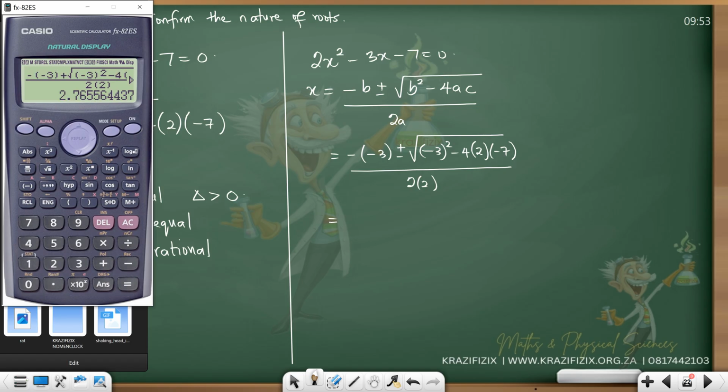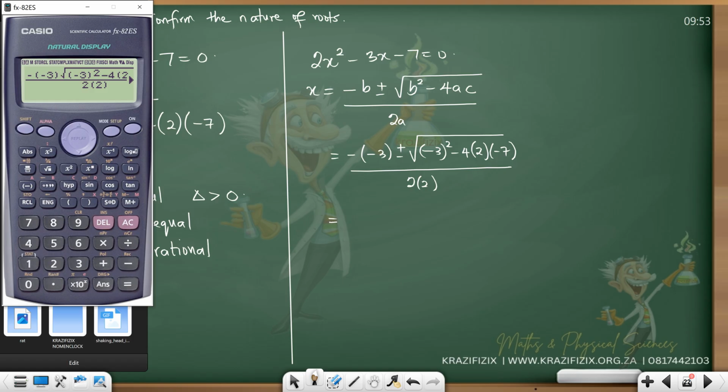2 point. Do you see it's not giving us a fraction? It's an irrational number. Okay, 2,77. All right, 2 decimal places. Let's change it to a negative, maybe the other one. It's irrational. Oh, negative 1,27. Okay, negative 1,27.